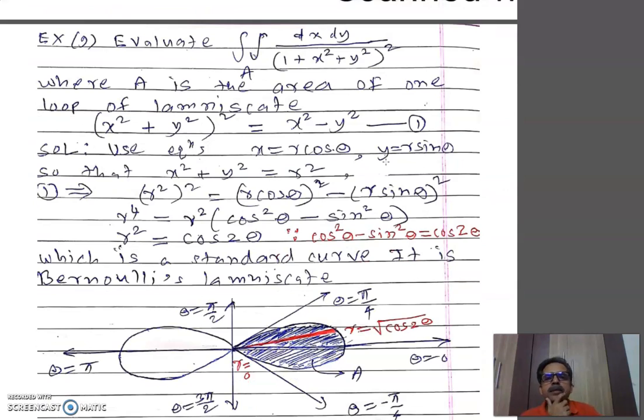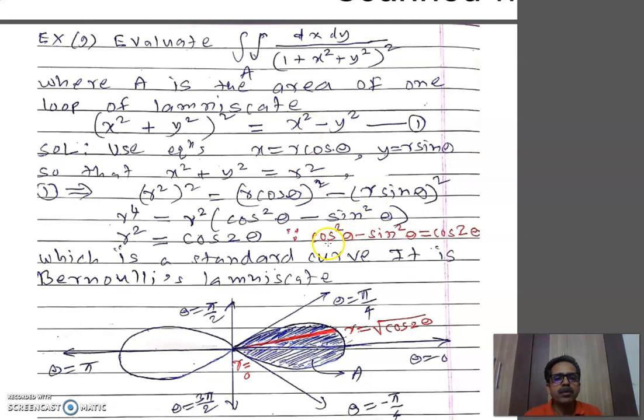Let's see the next problem. Here we are given A as the area of one loop of the lemniscate. Now we use the equations x is r cos theta, y is r sin theta, that is the polar equations, and convert equation 1, which is in Cartesian form, into polar.